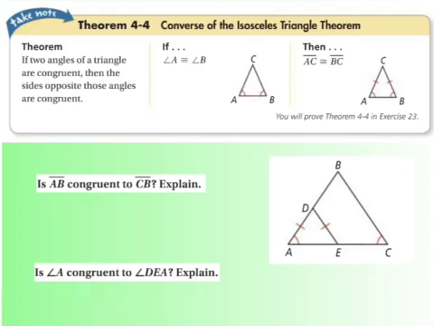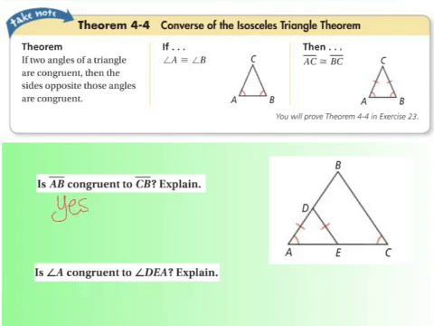So our first question here says, is segment AB congruent to segment CB? Well, to tell if those two sides are congruent, we look to the opposite angles, our base angles, and we see that our base angles are congruent. So our answer to this is yes.